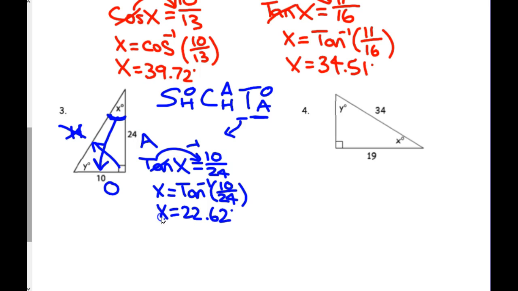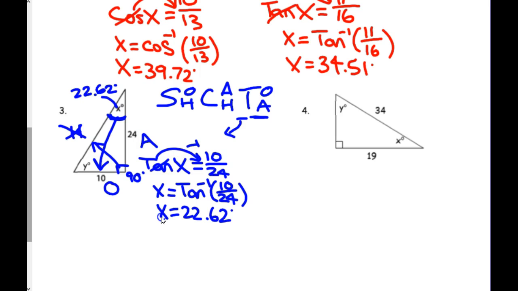So let's remember something about triangles. What do the angles inside of a triangle add up to? 180, right? So if x is 22.62 degrees, and this angle right here is 90 degrees, how can we figure out y? Add them up, and then subtract from 180. So let's do that.